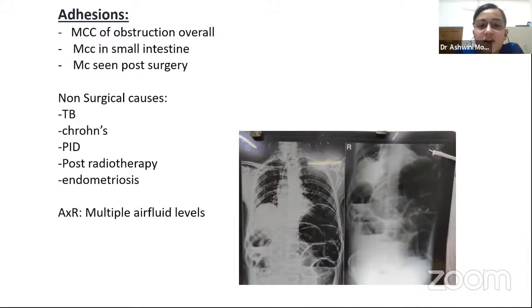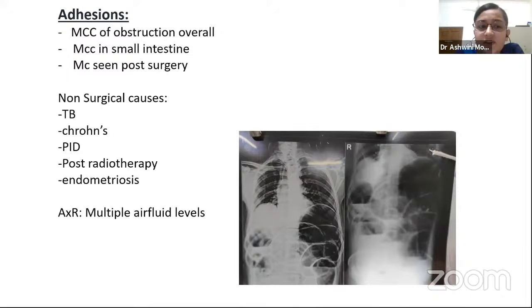Everybody knows that after any surgery, due to manipulation of the bowel, the chances of adhesion will be increased. Pelvic inflammatory disease and post radiotherapy are non-surgical causes.